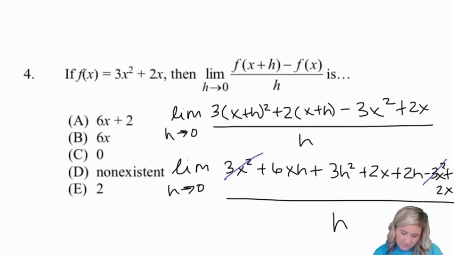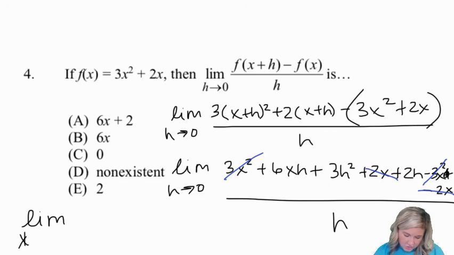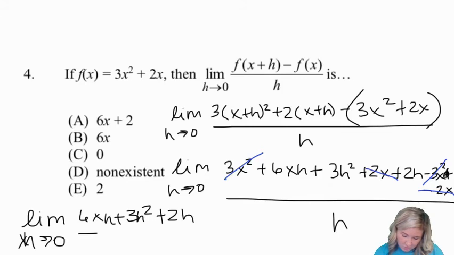So my 3x squared subtracts out, and this was supposed to be minus 2x. Excuse me about that. It's supposed to be a minus because that's a minus 3x. It's supposed to be minus all of that. So then my x divides out, subtracts out. I'm left with the limit as h approaches 0 of 6xh plus 3h squared plus 2h all over h.